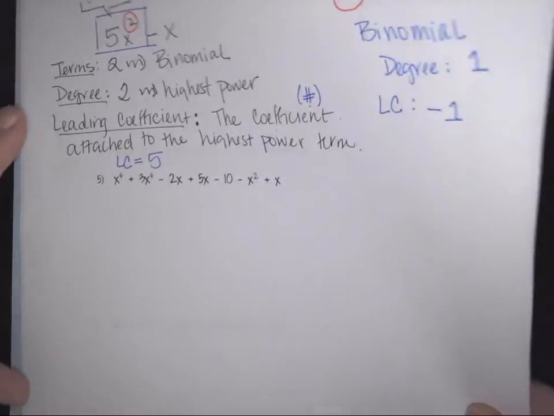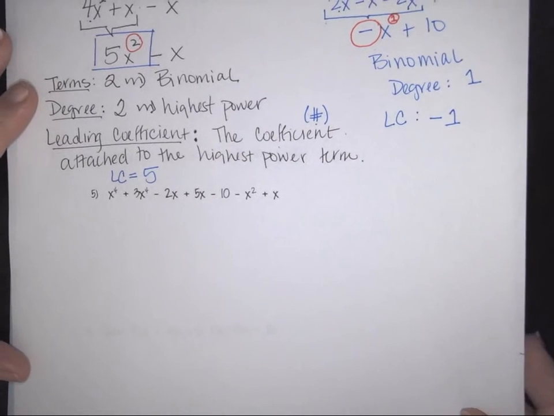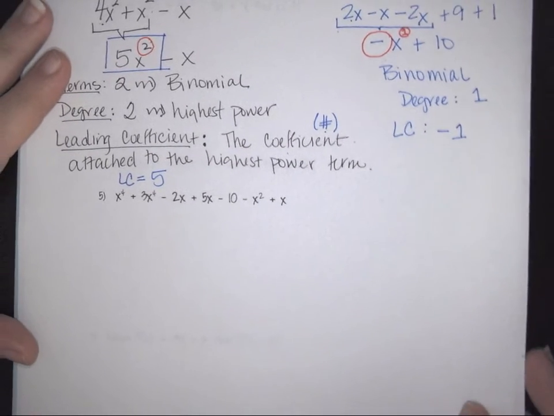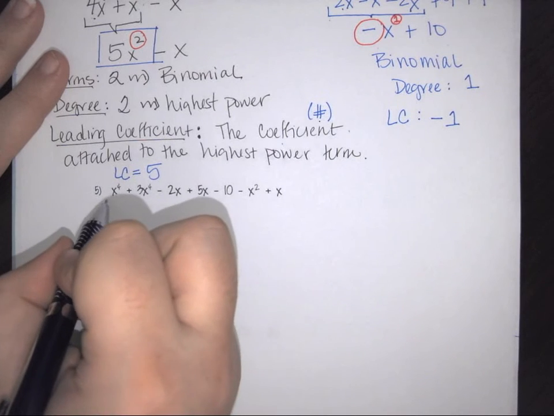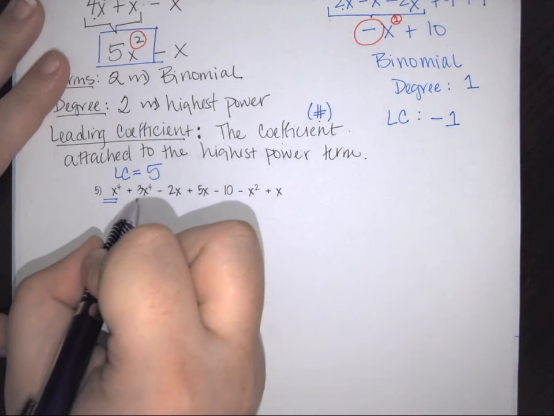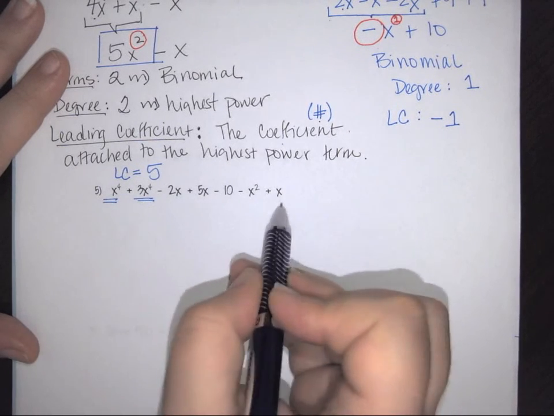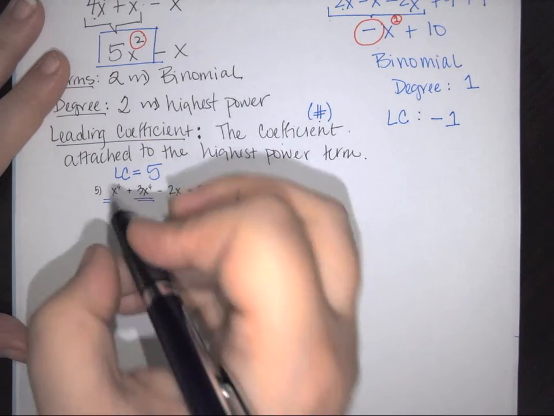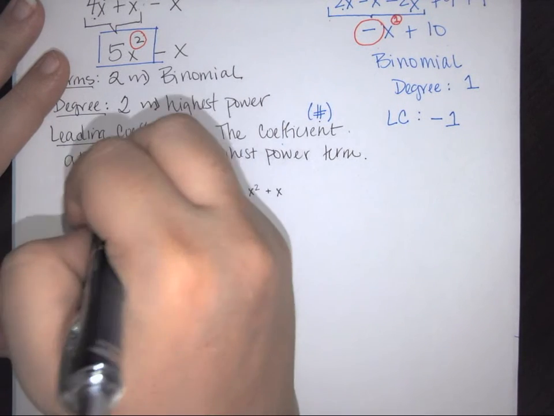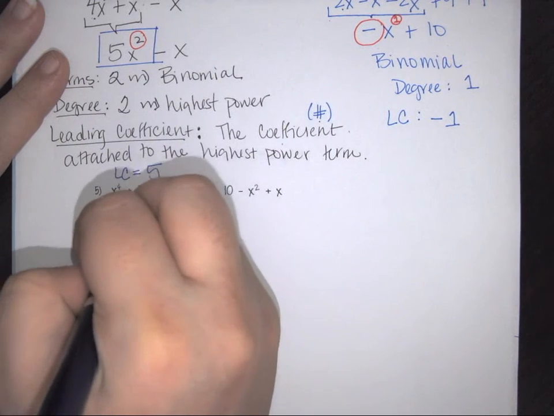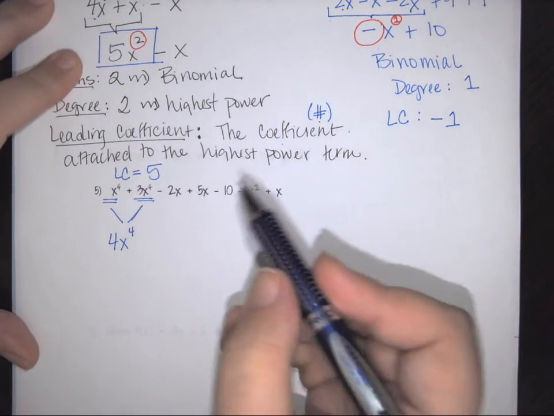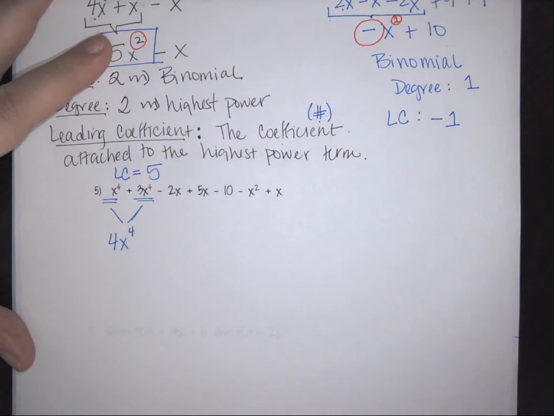Alright, let's try another one, slightly bigger. Again, I need to group my terms together. So I have an x to the 4th and a 3x to the 4th. If you look down, there's no others. So when I combine them together, this here is going to give me 4x to the 4th. And then I have my next.